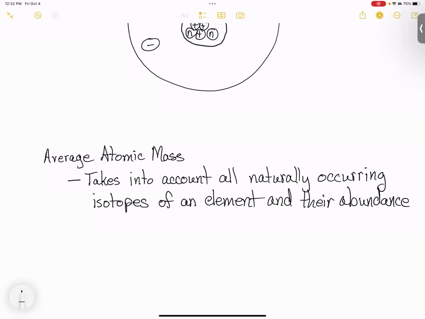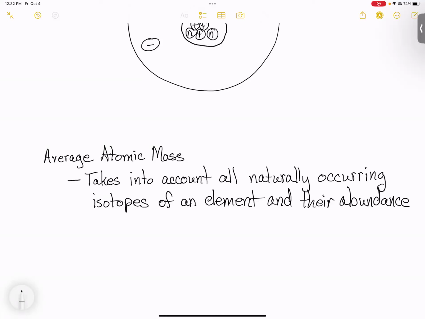You only see one average atomic mass because it takes into account all the isotopes. If you want to see all the isotopes of the elements, you can go online and say, give me all the naturally occurring isotopes of carbon, and it'll show you all of them.